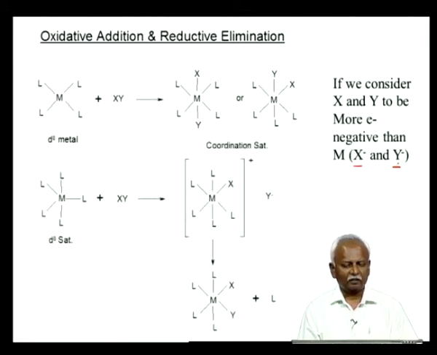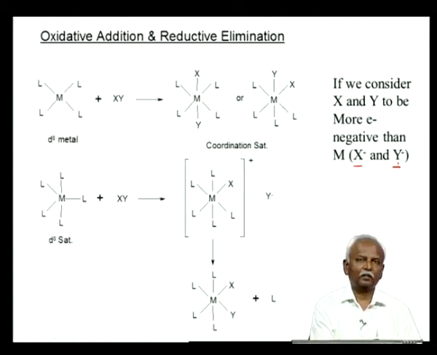So, let us take a real life example now. You have a d8 coordinatively saturated system, then also you can have the same situation. You can add this XY group, but if you start with a pentacoordinated, coordinatively saturated metal complex, this is coordinatively saturated because if L is a 2 electron ligand, then you have an 18 electron system right here.